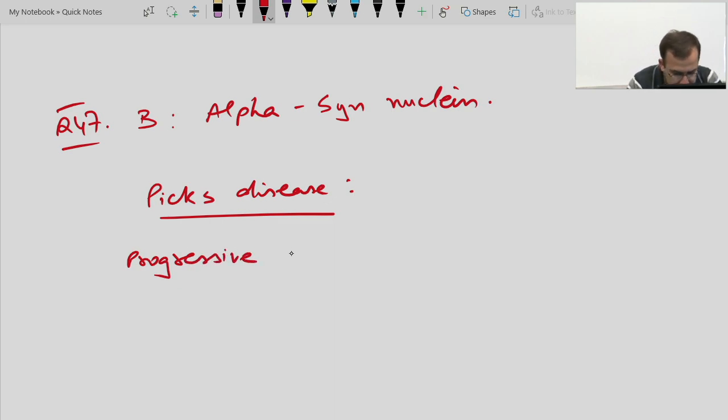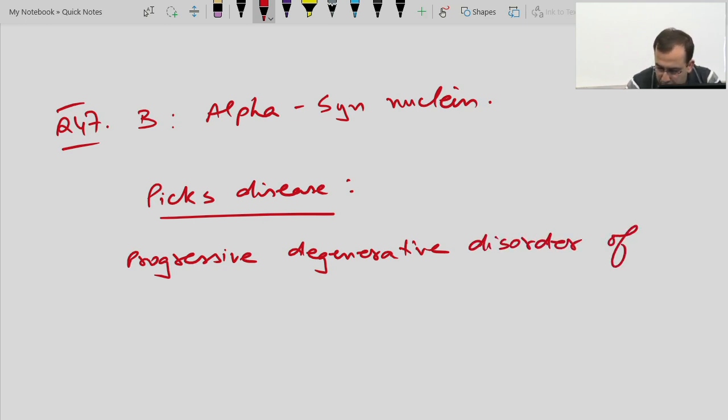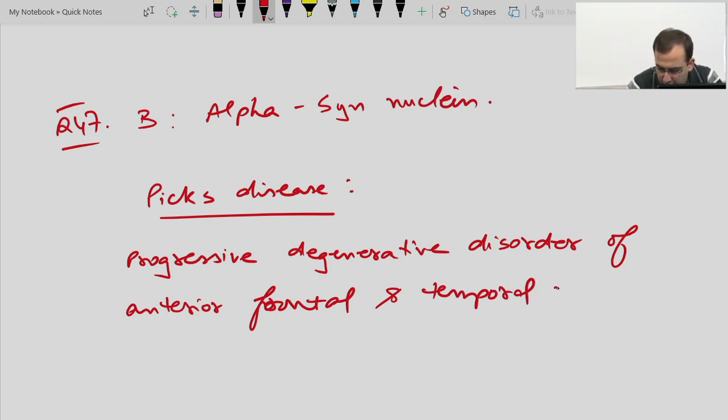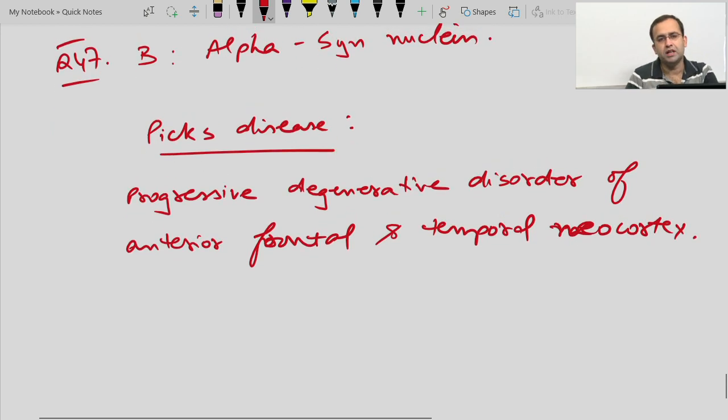Pick's disease is a progressive degenerative disorder of the anterior frontal and the temporal neocortex.